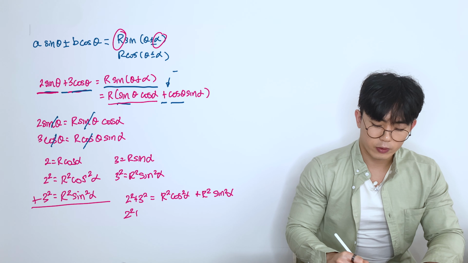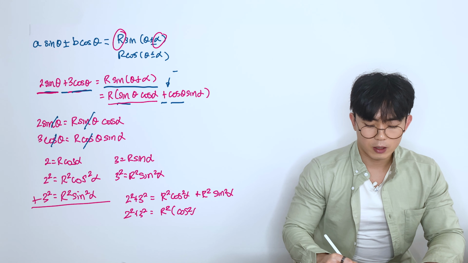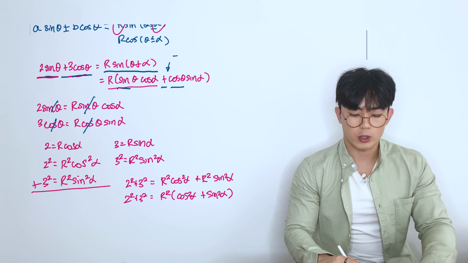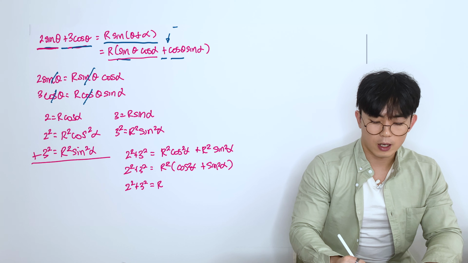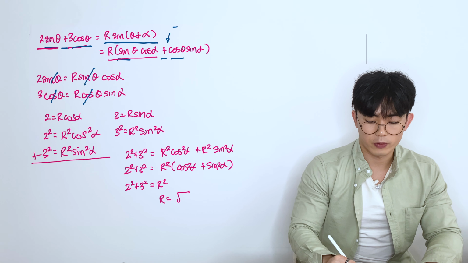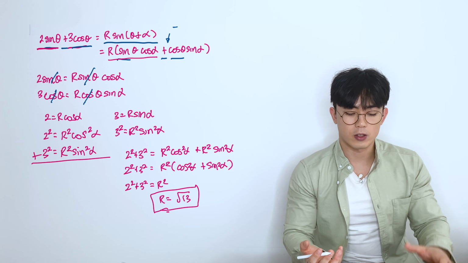Meaning 2 squared plus 3 squared is equal to r squared, factorize it in brackets, cos squared plus sine squared, and as you know, cos squared plus sine squared is 1. So 2 squared plus 3 squared is just going to be equal to r squared. So r is going to be root 13, like so.